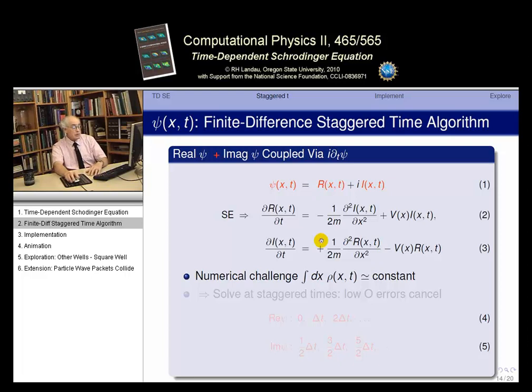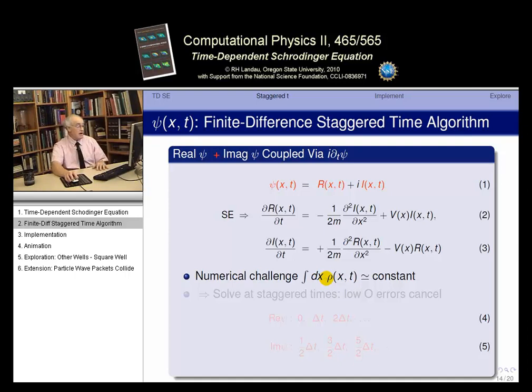Well, if you take the solution of this equation for very long times, using just the technique we used last time for a string, what you find out is that the integral of the probability density, which is the modulus of the wave function squared, integrated over all space, is not necessarily conserved very well. So we need a better algorithm.